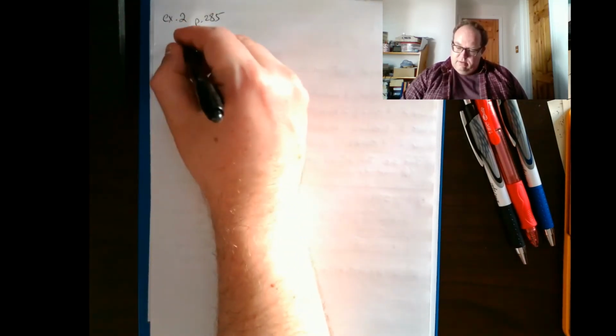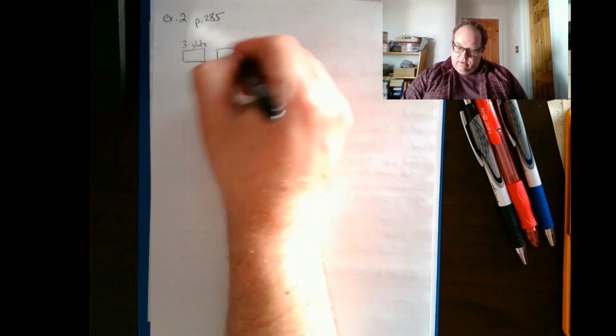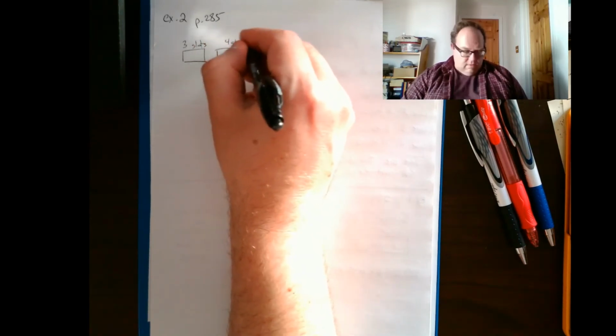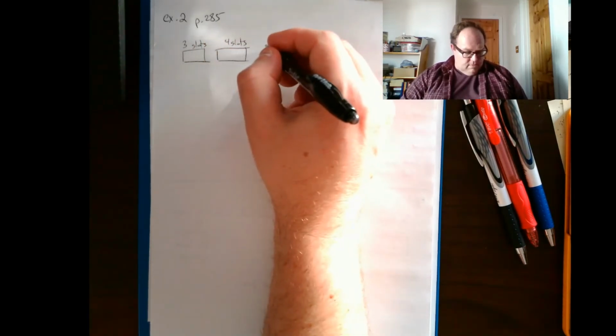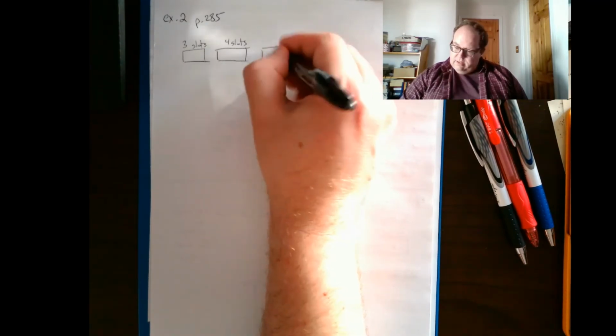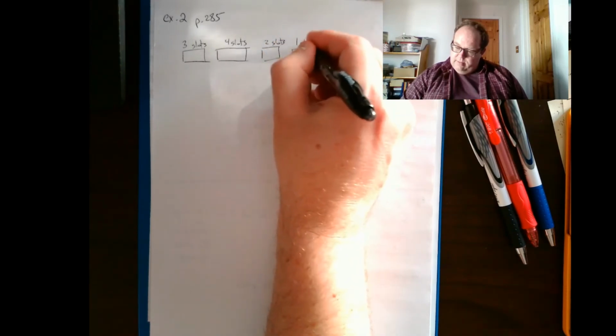First cell has 3 slots. Second cell has 4 slots. Third cell has 2 slots. The last cell has 1 slot.